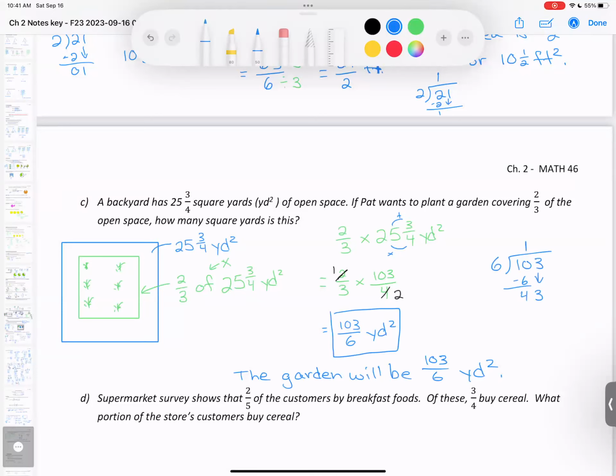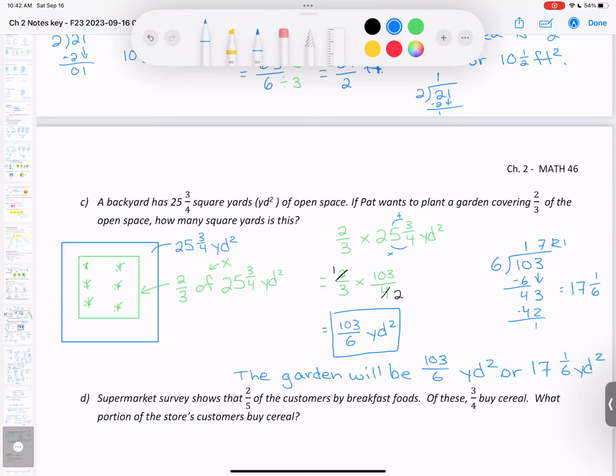So 6 will go into 103 17 times, that's 102, with a remainder of 1. So that means our mixed number is going to be 17 and 1 over our divisor, which is 6. So we could say 17 and 1/6 yards squared.